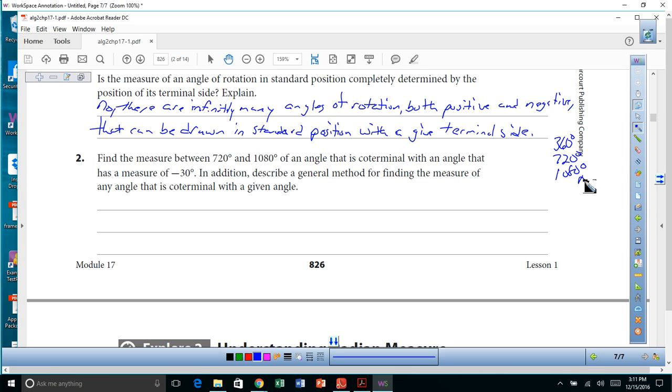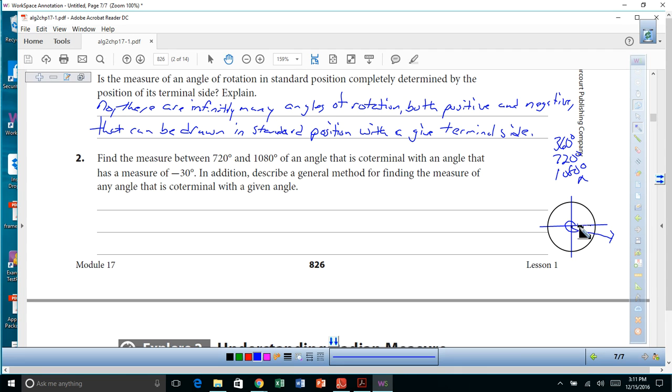So let's draw a little one right over here real quick. It's going to have negative 30 degrees. So that's going to be about 1/3 of that right there. So we'll say that's right there. So we start here and we go around.